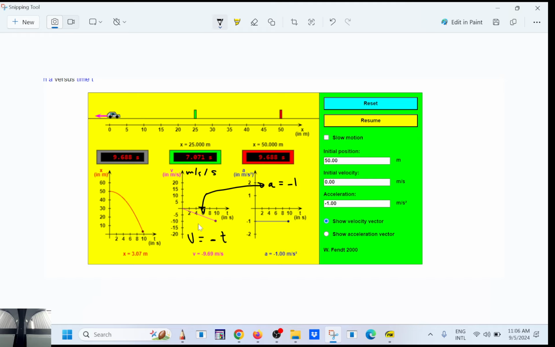So meter per second per second means that the slope is the acceleration. You look at the slope. Okay? Here, the slope at t equals 0, what's going to be the slope? 0, right? Flat is 0, and then it keeps increasing. So x equals initial position 50, slope is 0 here, plus 0.5 times acceleration -1 times t squared.